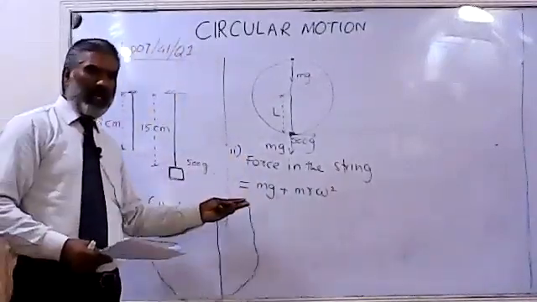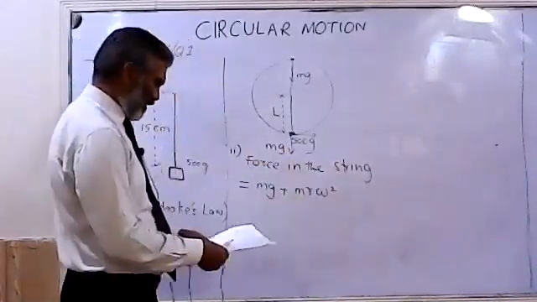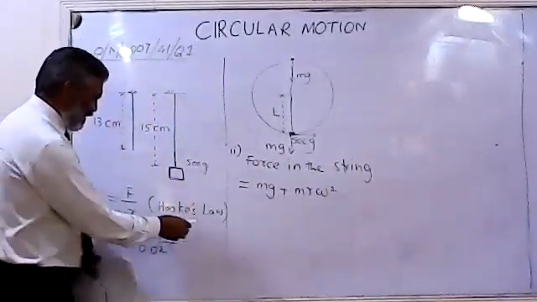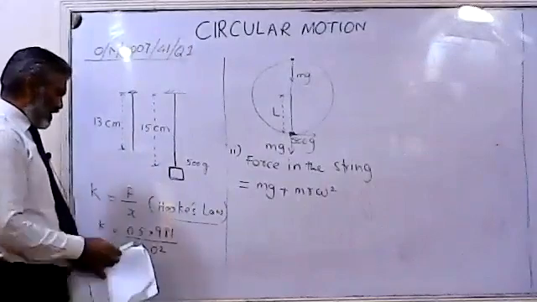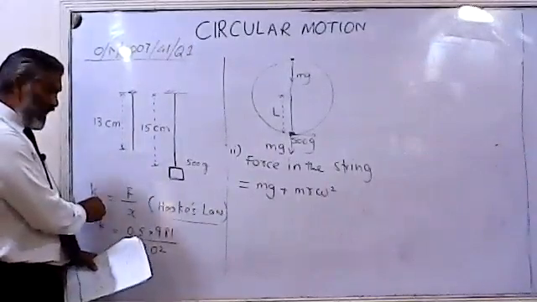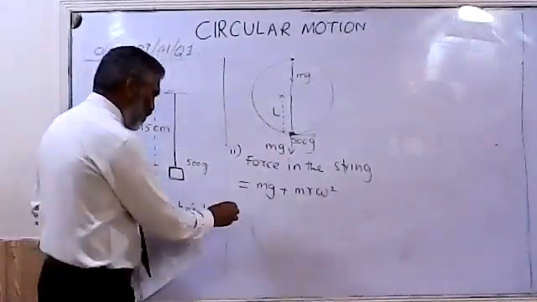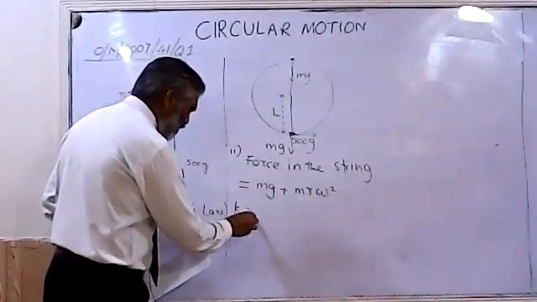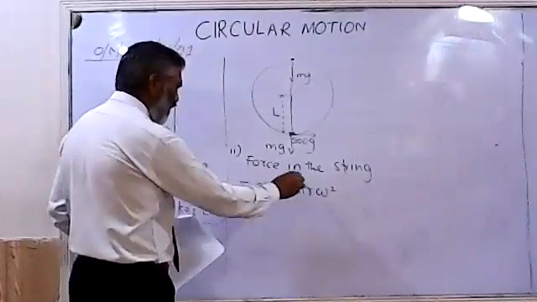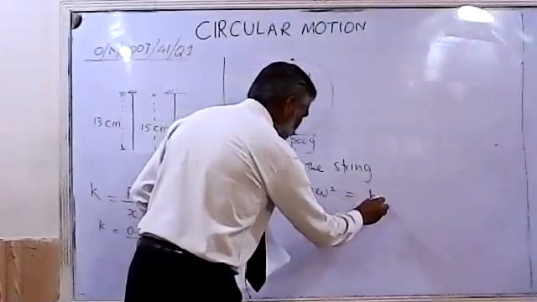This is the equation that we wrote for this position in our discussion previously done. The force in the string is given by Hooke's law, which states that force of tension is K, the elastic constant, times the extension in it. So Kx is that force.